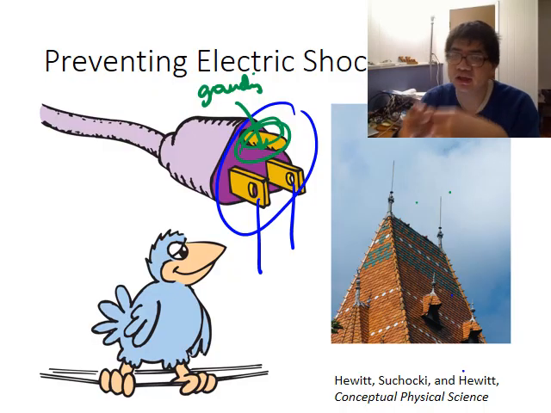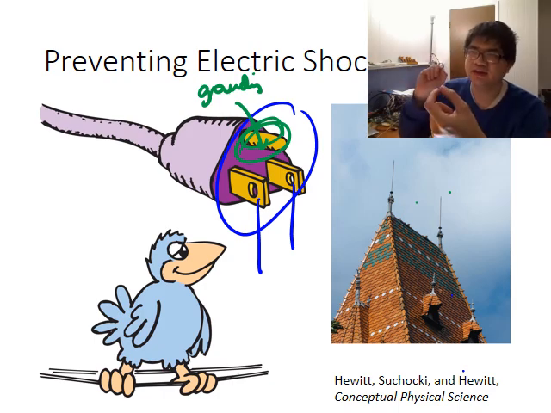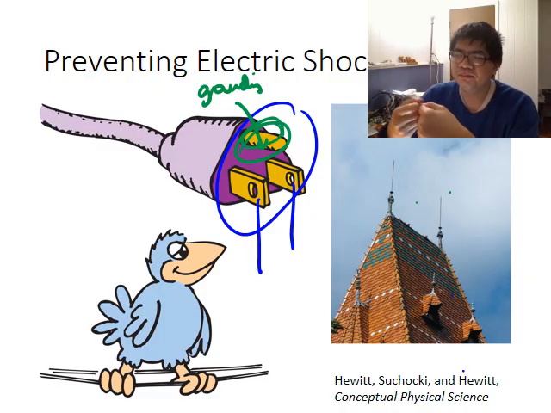This wire actually connects to the casing of whatever device you have, particularly if it's a conducting casing, and it goes into a wire that's deep into the ground. The idea is this: if you have a short circuit that involves the casing, then if you touch the casing, you're going to get a pretty nasty electric shock.